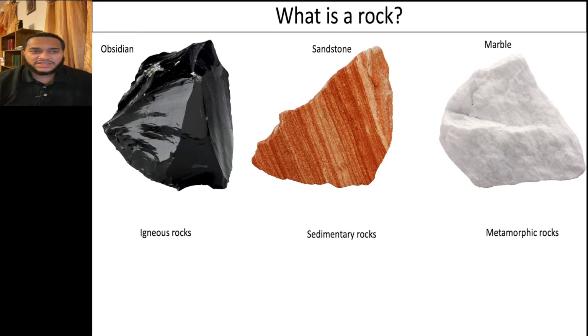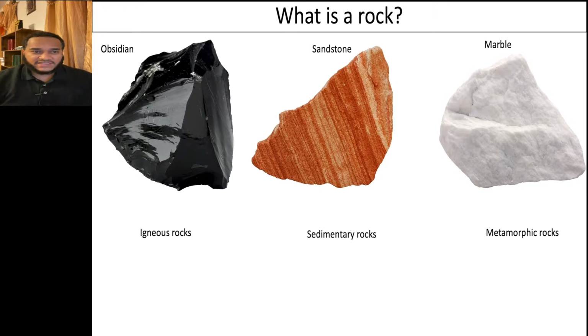There are three types of rocks in geology: igneous rocks, sedimentary rocks, and metamorphic rocks. The image showing the rock in black is obsidian. An obsidian is an igneous extrusive rock which is formed from lava.